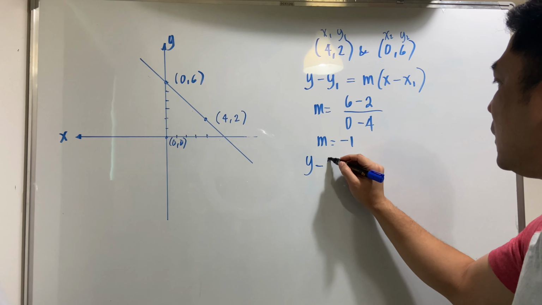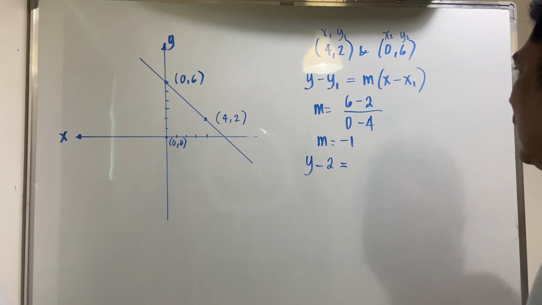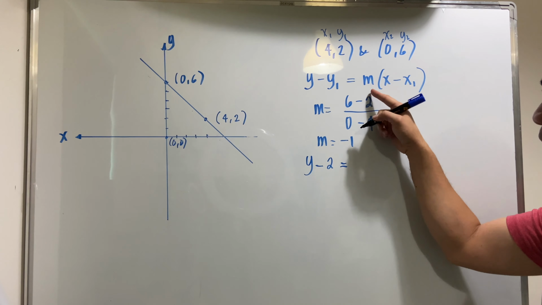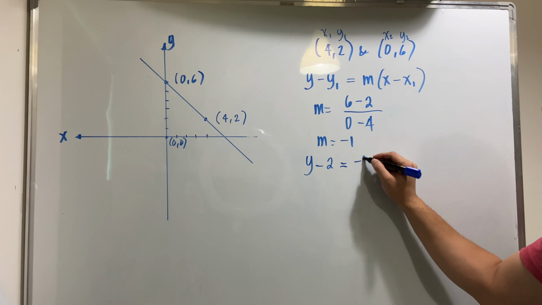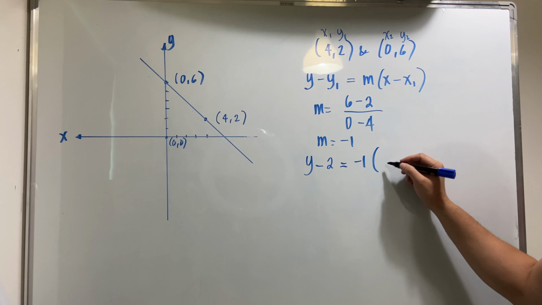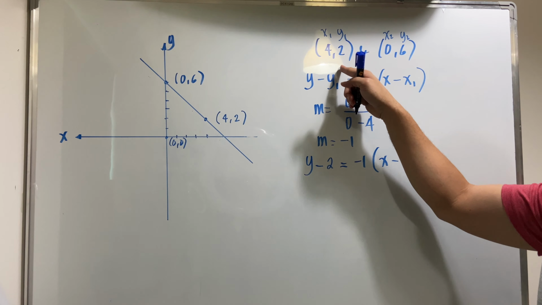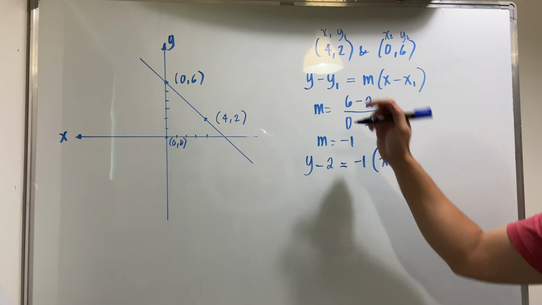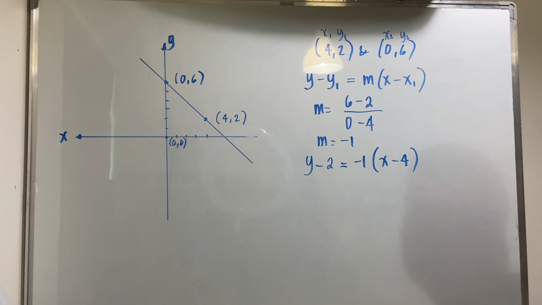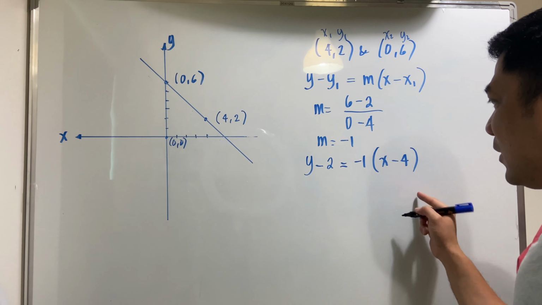So y minus 2 is equal to, so that means here the slope is negative 1, and then x minus, what would be our x1 would be 4. So therefore, we just have to simplify this one.